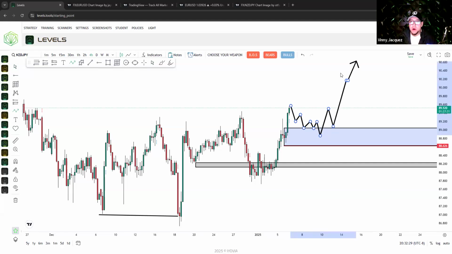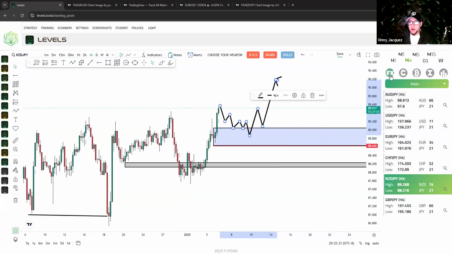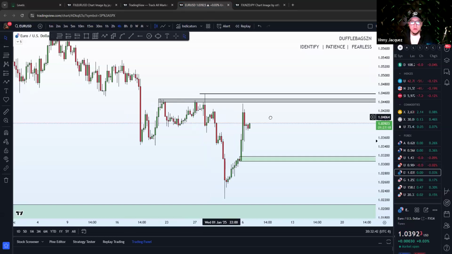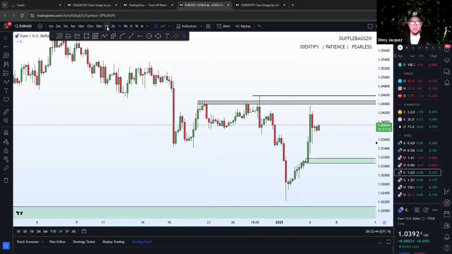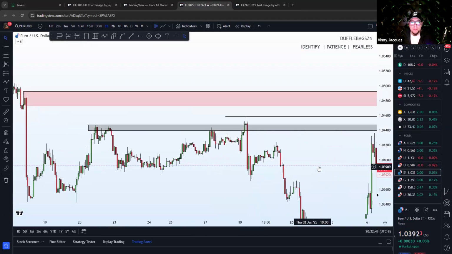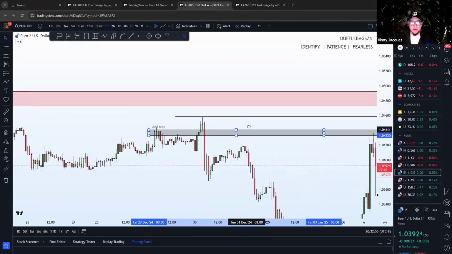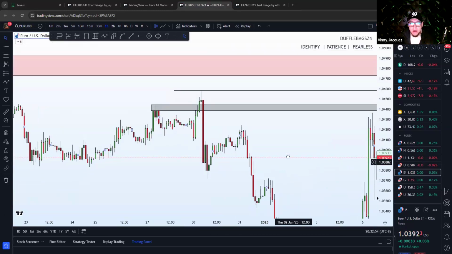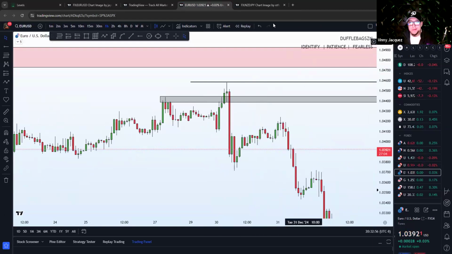Just like with EUR USD last week, we went over that, right? Let's go back over here real quick. Just like right here, we had a shoulder right here. We backtested this last Friday.